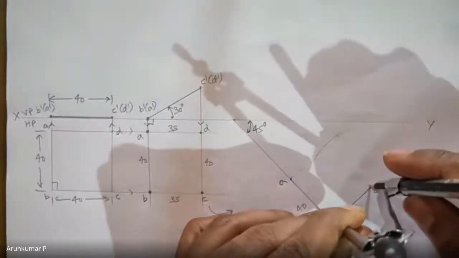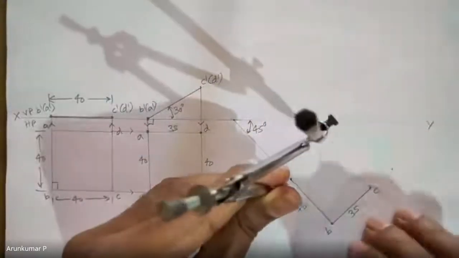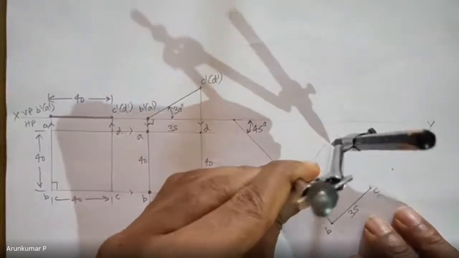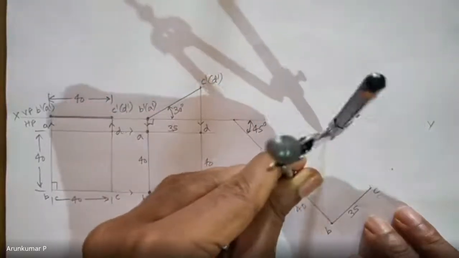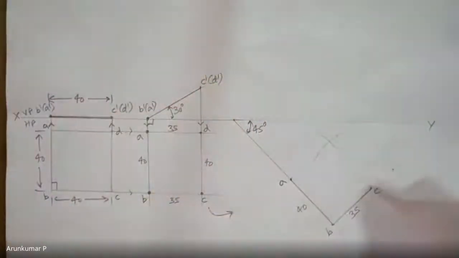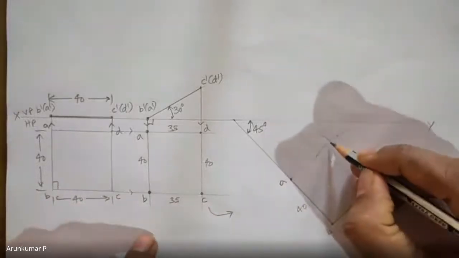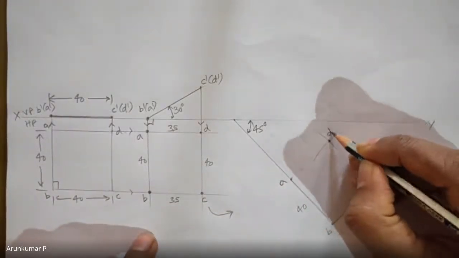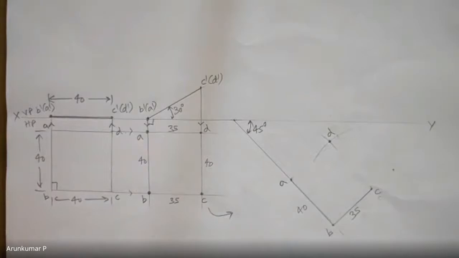With A as center and radius equal to 35, you can cut the arc. This way you will be able to locate the corner or the point D. So I've shown you both ways.